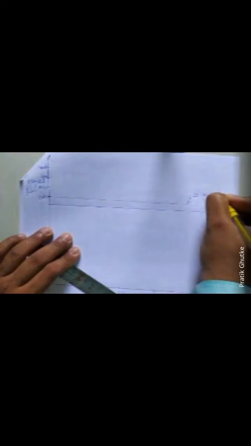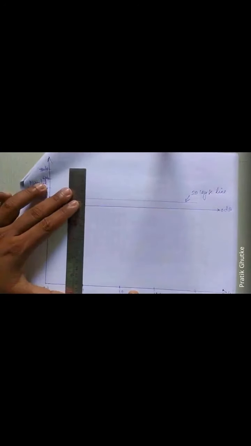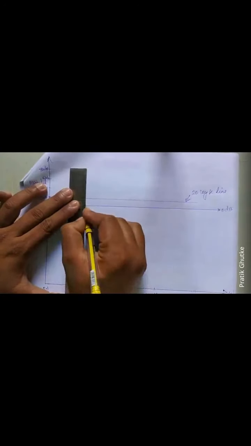So I will be drawing the 20 log of k line. This is my 20 log of k line, meaning 20 dB. Yes. What is my next step? I will draw the projections of 20 dB, 40 dB, and then 60 dB, and so on.